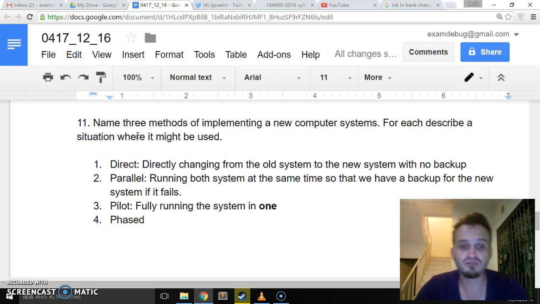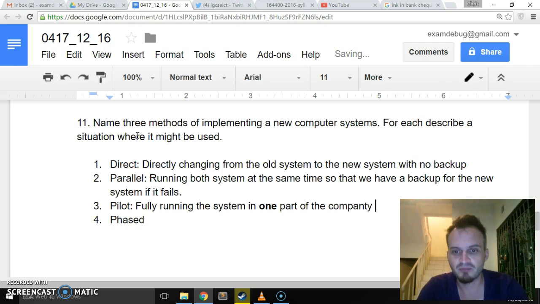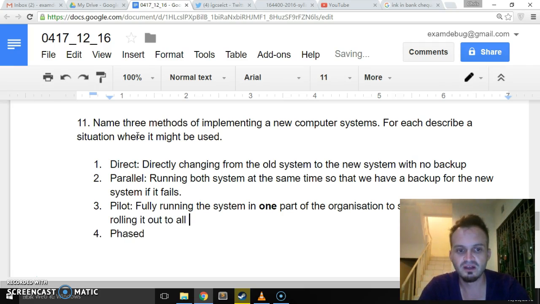Okay, fully running the system in one part of the company or business or organization to see if it works before rolling it out to all parts of the organization.